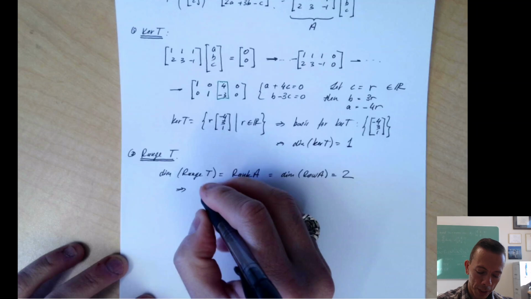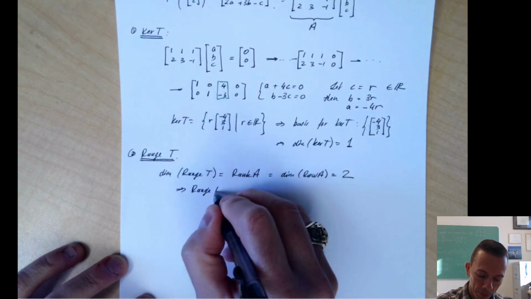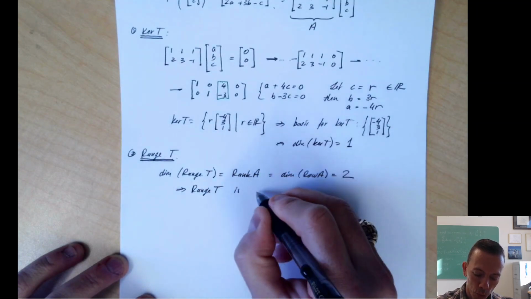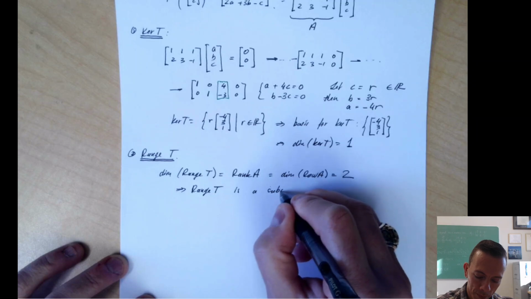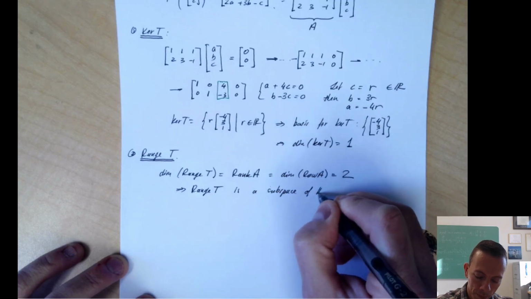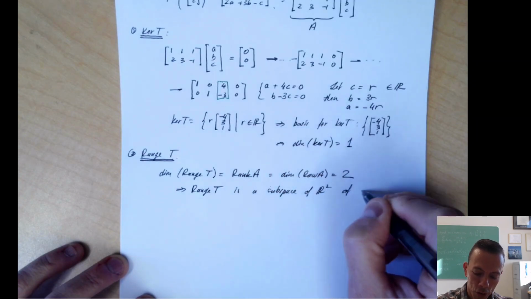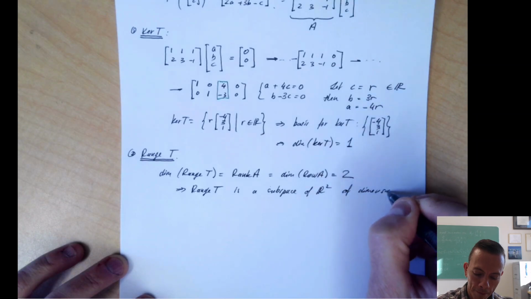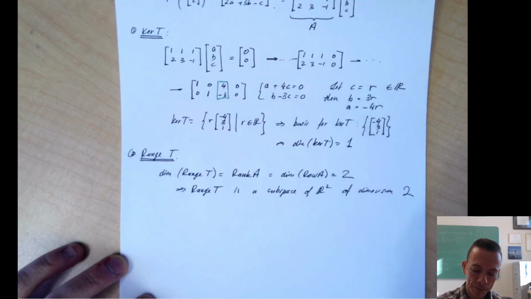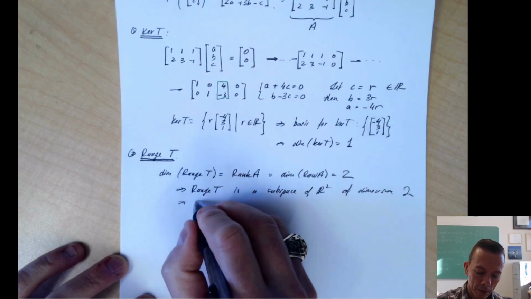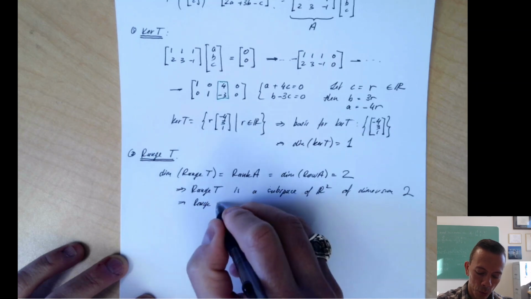Therefore, we know that the range of T is a subspace of R2 of dimension 2. So the range of T is actually equal to R2.